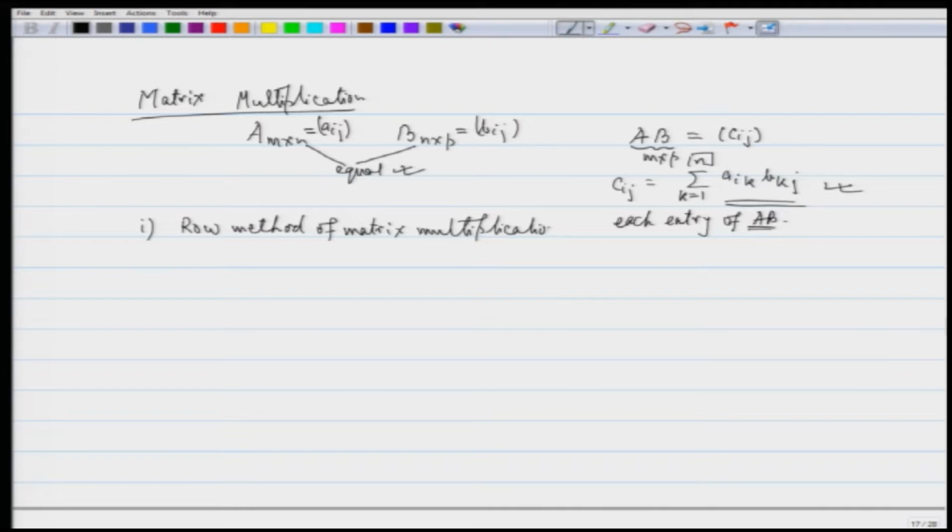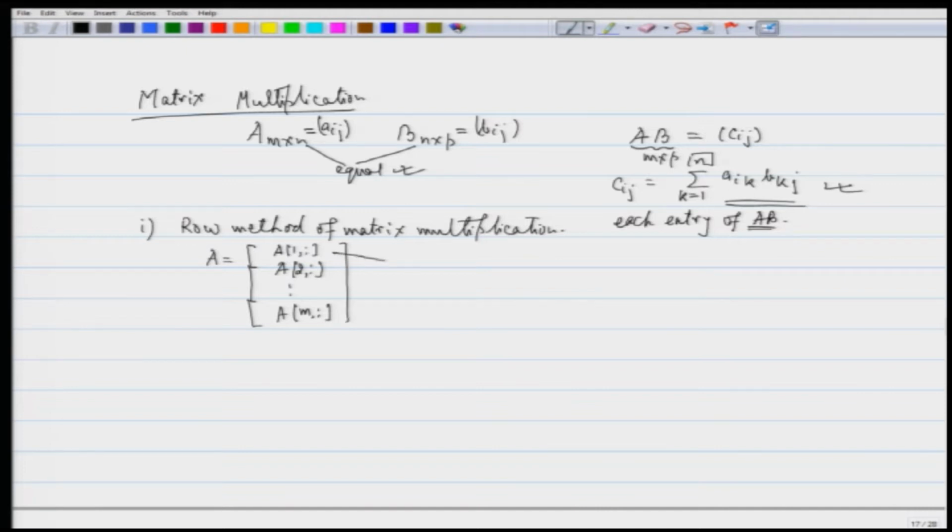So, recall what the idea was. You have the matrix A, and look at the rows of the matrix. This is the first row, this is the second row, and you have the mth row of the matrix. There are m rows.